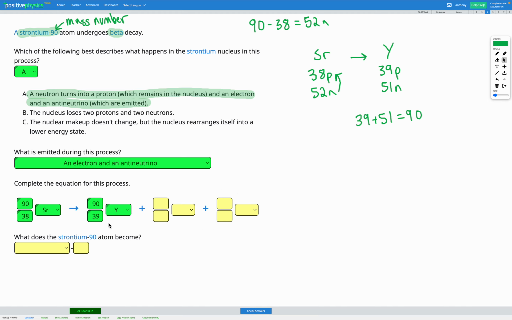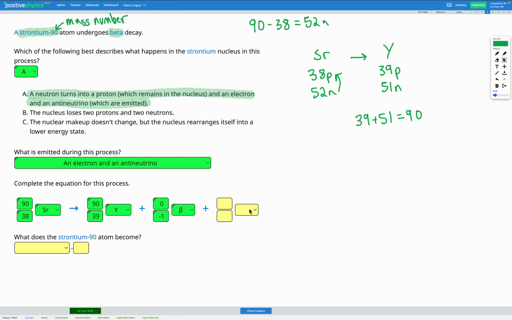Now for the rest of our equation, we know in beta decay, we also emit an electron and an antineutrino. So firstly, choosing our symbol here, beta, that's our symbol for an electron. And we know it has 0 mass because it's got no protons or neutrons. But for the atomic number, we put -1 to signify that it has a negative charge.